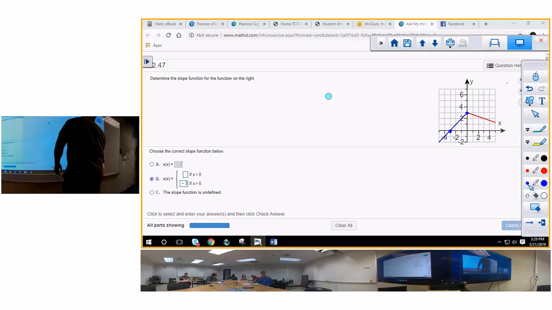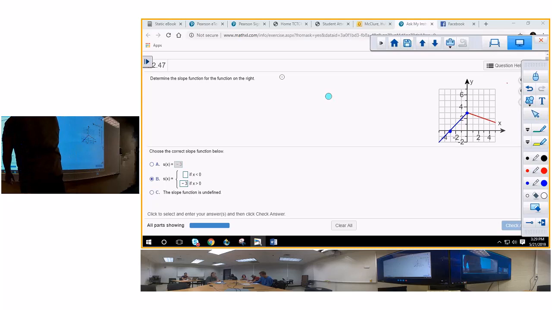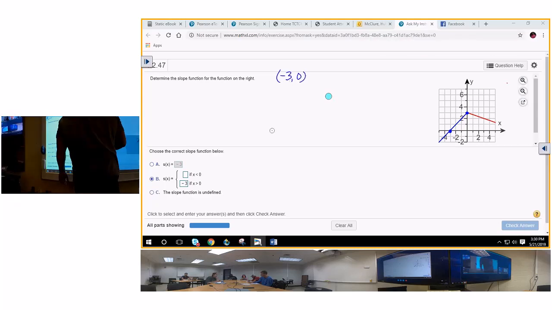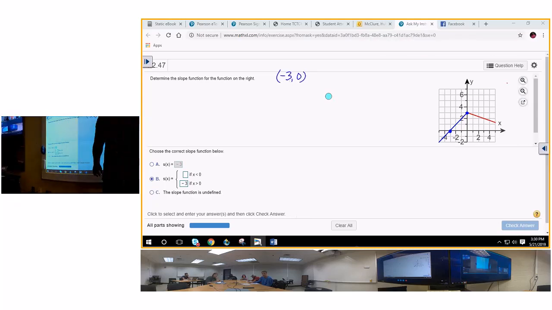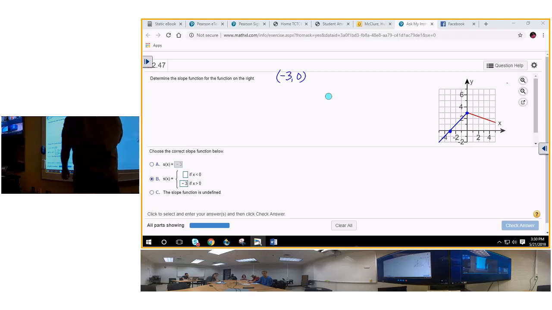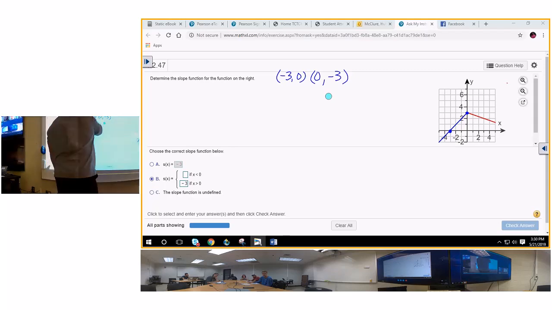And my y-intercept is what? 0, 3. We read from left to right, so that's going to be x sub 1, y sub 1, x sub 2, y sub 2. Isn't y sub 2 just positive 3?